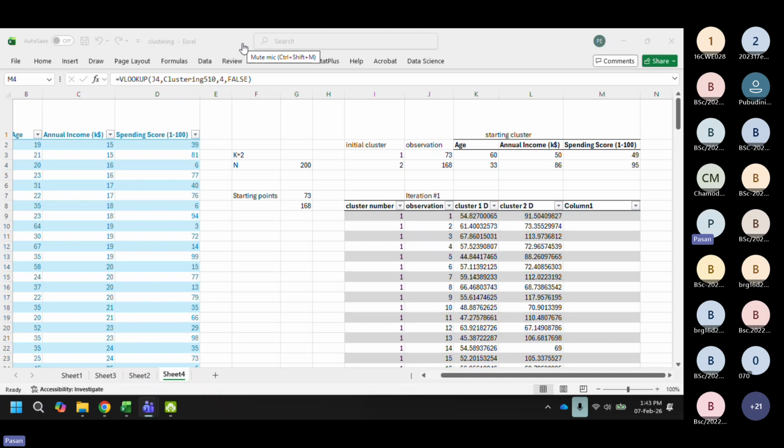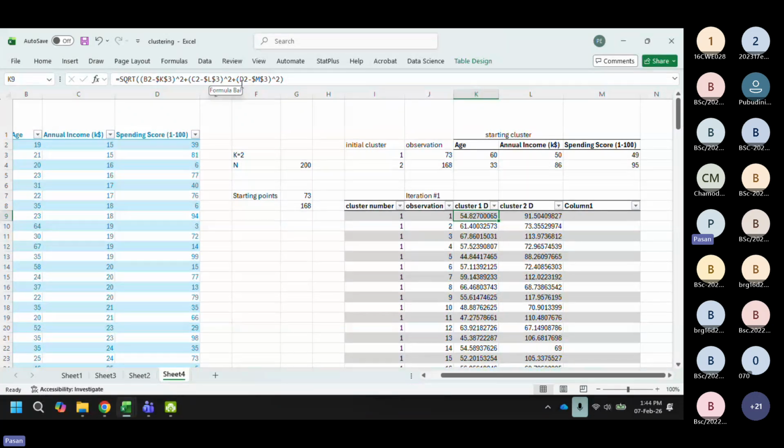Okay, so let's continue with iteration one, right? So now our target is to identify these two as our centers, and then we want to measure the distance between each and every observation and the center. So I'm going to do this calculation here. So you can see that's kind of a very lengthy calculation, right?